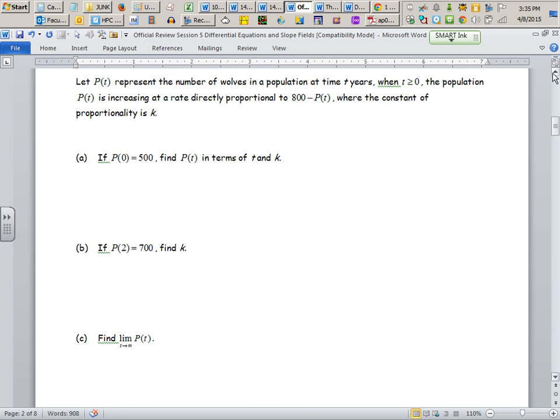Just put your answer up here somewhere. It's not part of your answers, but we need a diffEq. Maybe it's logistic growth, maybe not. Let's see.